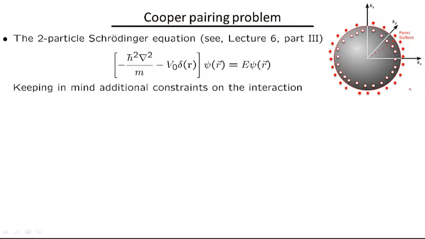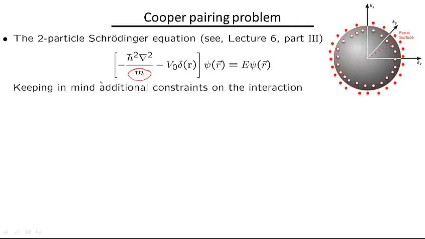And as we discussed in the previous video, the only difference between the single particle problem in a potential V of r and the 2-particle problem of 2 particles interacting by the same potential is that in the latter we will get the reduced mass instead of the mass of each individual particle.